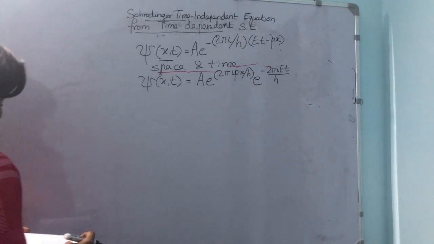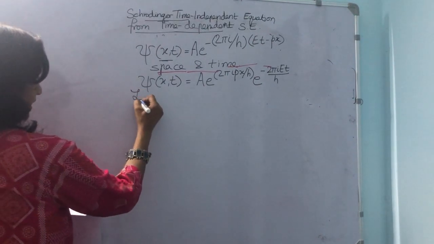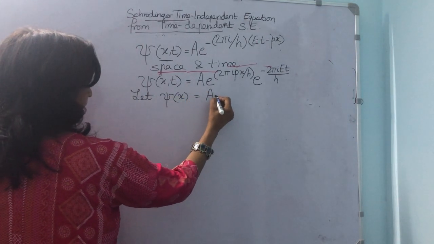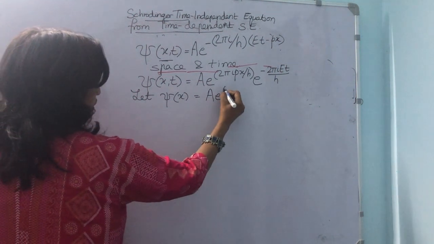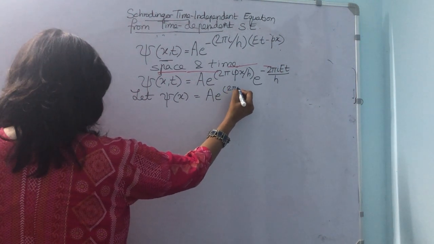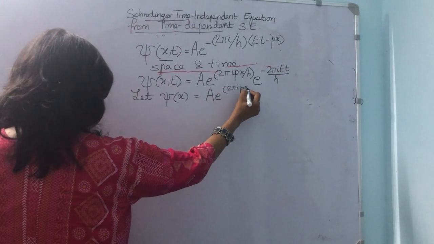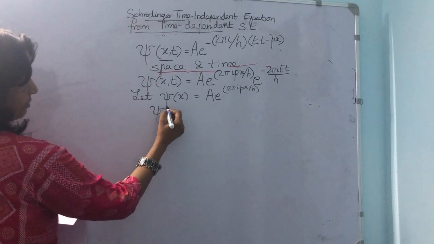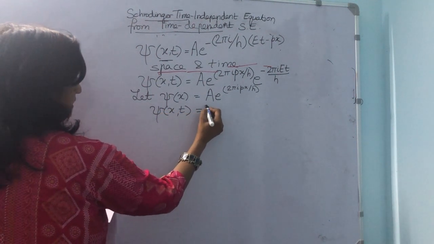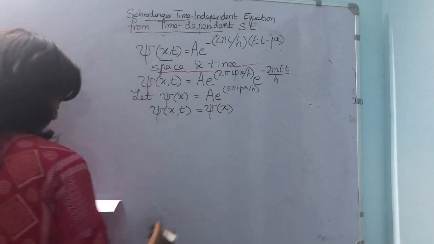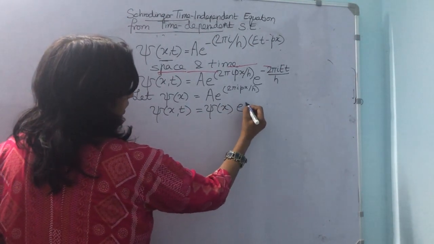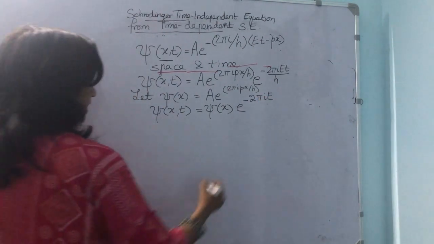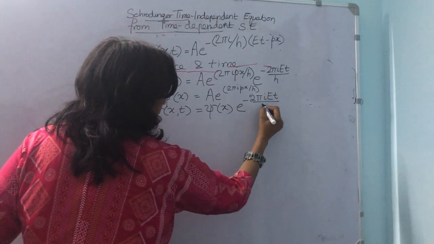Once we do that, let phi(x) be equal to A e^(2πi px/h). So our expression becomes phi(x,t) = phi(x) e^(−2πi Et/h).